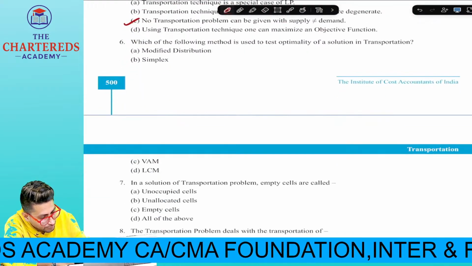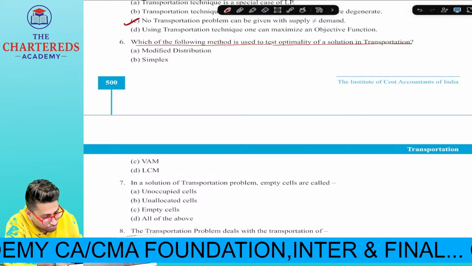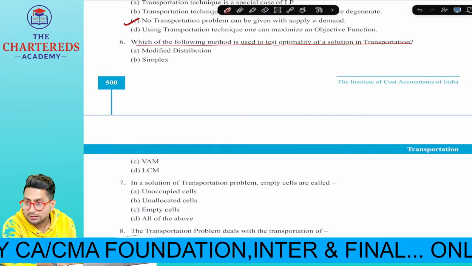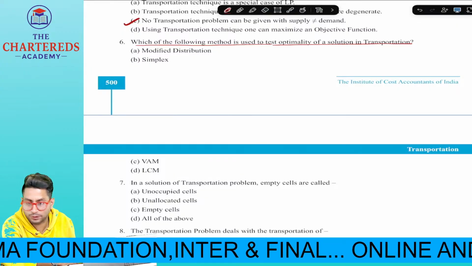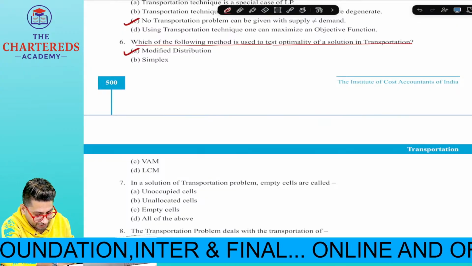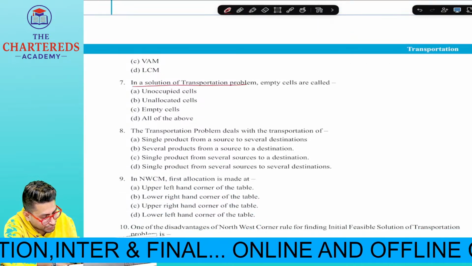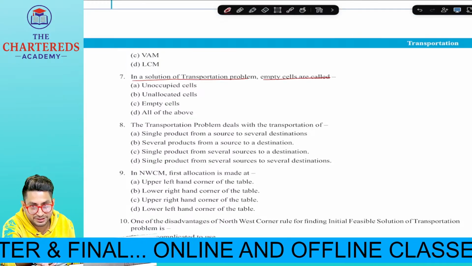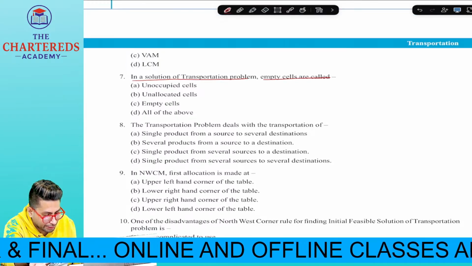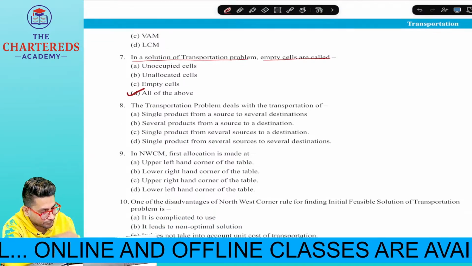Next, which of the following methods is used to test optimality of a solution? Optimality, how do we test it? Modi approach. Modi full form? Modified distribution. Clear? Next, in a solution of a transportation problem, empty cells are called unoccupied cells, also called unallocated cells, also called empty cells, all of the above.